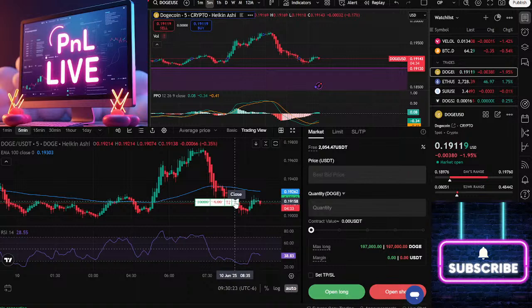See, it's already hitting on the downside. Boom, -$4, just like that. I don't want to set my stop loss, I'm just going to keep it in my head. My stop loss is pretty much going to be back at that resistance, right back at the other red candle.